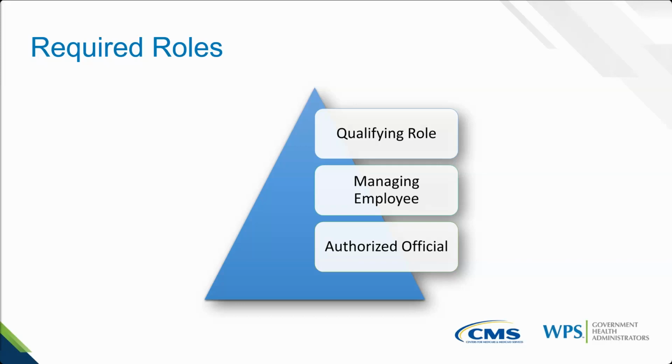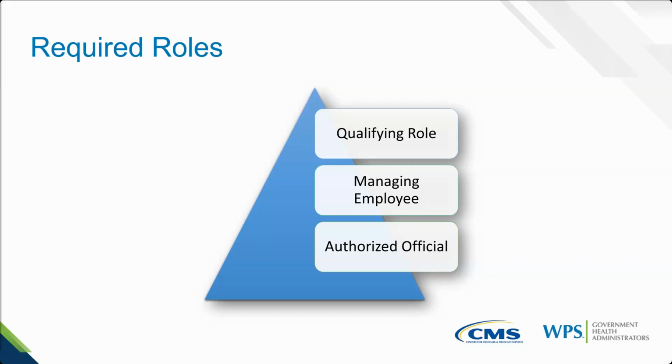In turn with that, one of the things that we often see is you'll have perhaps a partnership and you have two owners listed. One of them is listed as the managing employee and the authorized official. We've got our qualifying roles and we will enroll that. However, the partner, the second individual with direct ownership, just has the ownership role. They haven't been designated as a managing employee. That's okay.